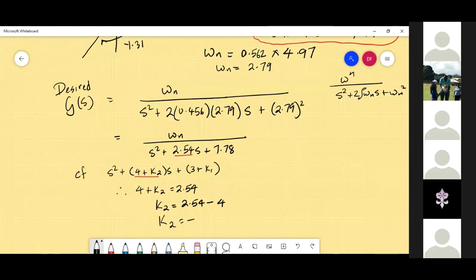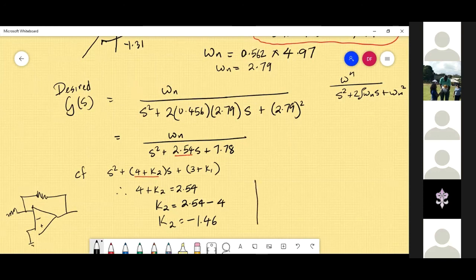The gain can be negative 1.46 because most of the time we're using an inverting amplifier, which has negative gain. And the other one says 3 plus K1 is equal to 7.78.